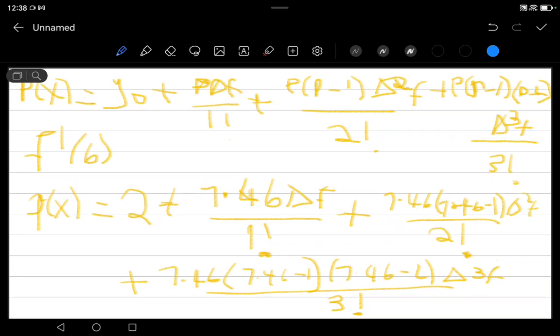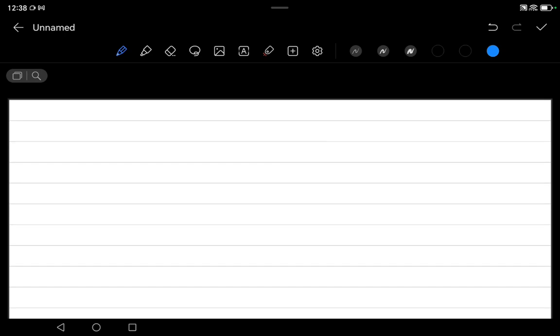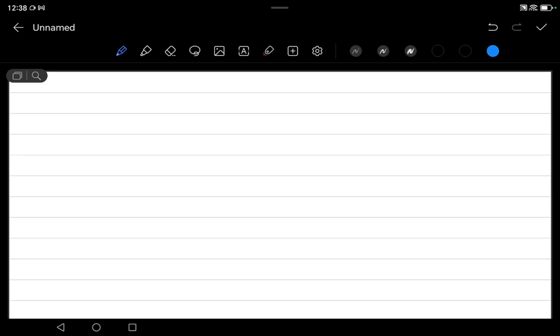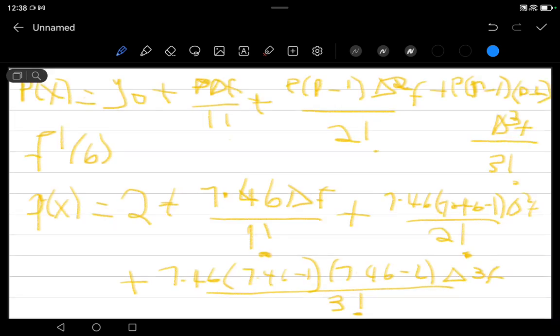We're going to calculate this. So we're going to have p of x equals 2 plus, and then we calculate this. 7.46 divided by 1 factorial times change f. So here we haven't substituted the values yet. So it's going to be 7.46 over 1 factorial times this.